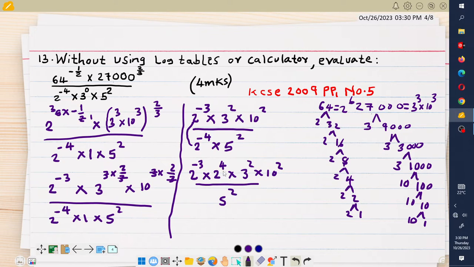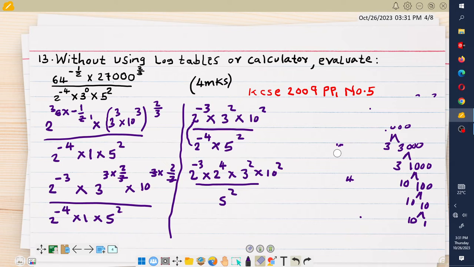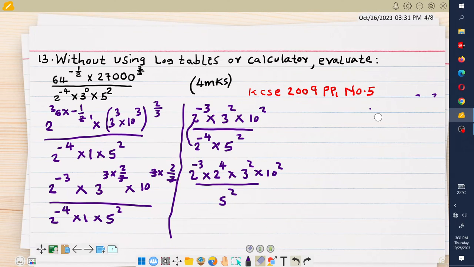Whenever you multiply, you are supposed to add the powers. Let me create some space here to finish up the working. If you take 2 to the power of -3, then multiply with 2 to the power of 4, you are simply going to add those powers.